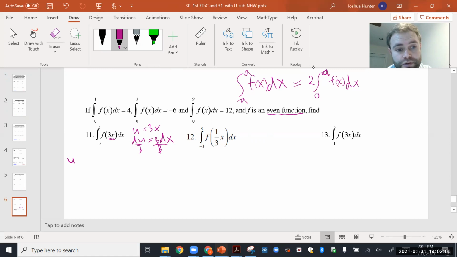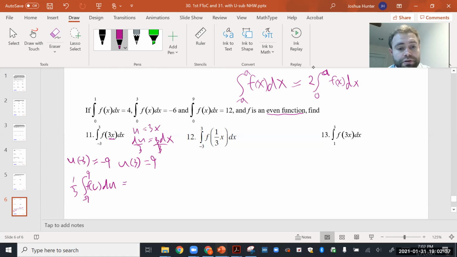So u of negative 3 will be negative 9, and u of positive 3 will be positive 9. Now we can rewrite the integral as 1/3 the integral from negative 9 to positive 9 of f of u du.